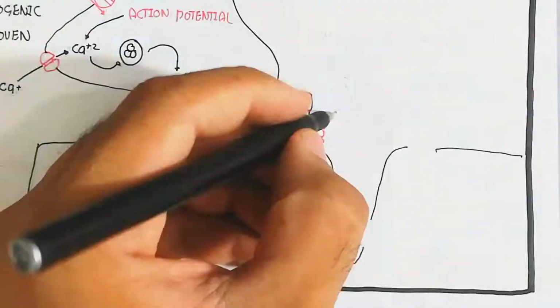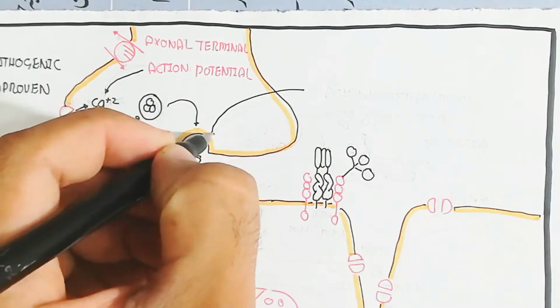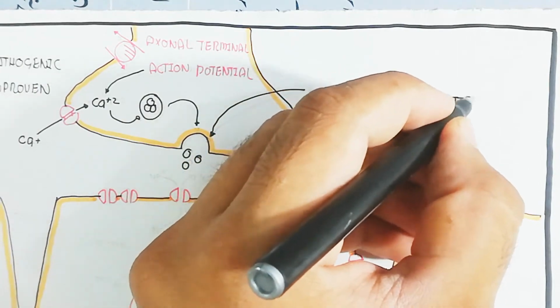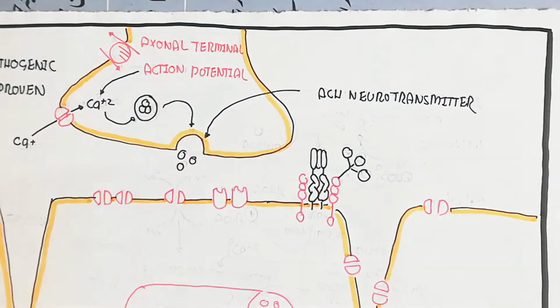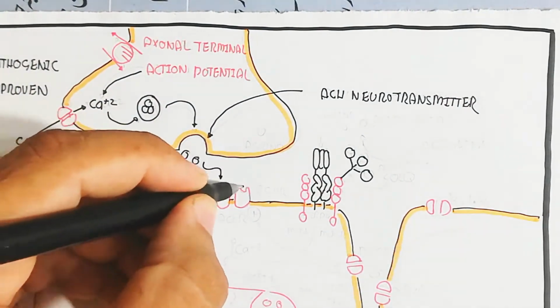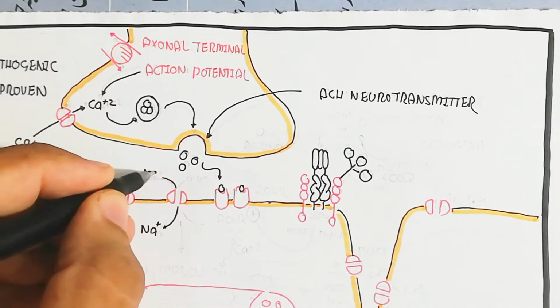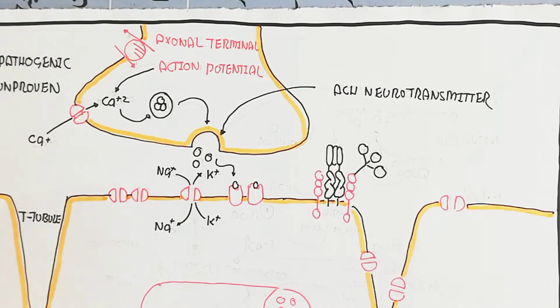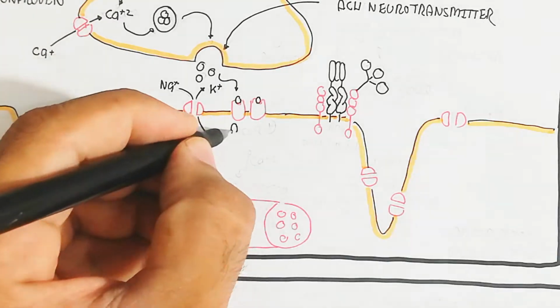The vesicle releases acetylcholine, which binds with the acetylcholine receptor to stimulate sodium potassium exchange, leading to calcium influx from the T tubule.